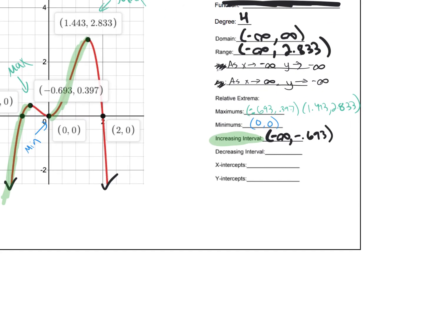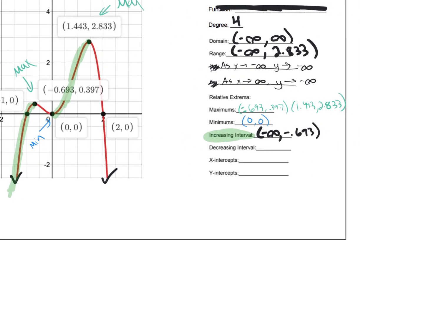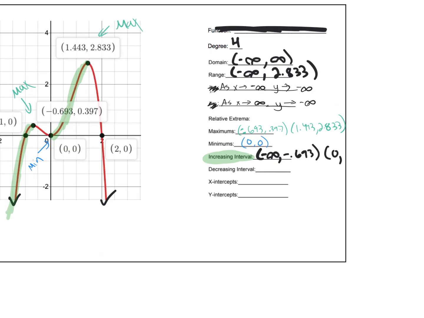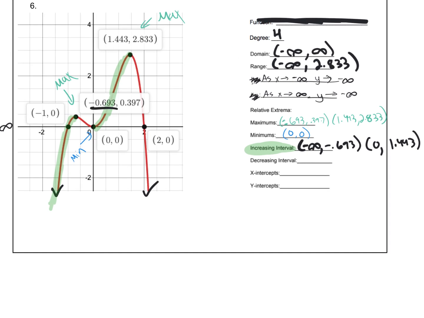If I want to talk about the second increasing interval real quick, the second interval starts at the x value of 0, going up, and continues going up until we hit the x value at that top turn, which is 1.443. So make sure, once again, anytime we're doing this, we're focused on the x values of the turns, not the y values.